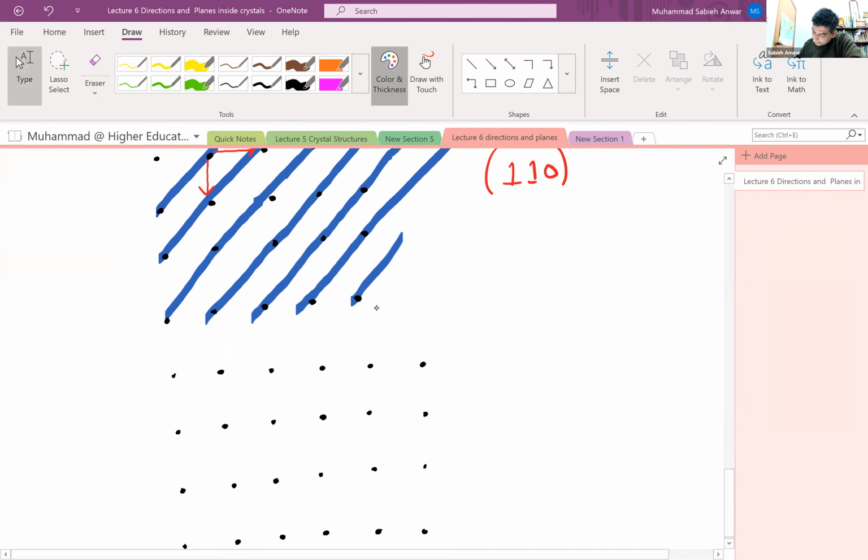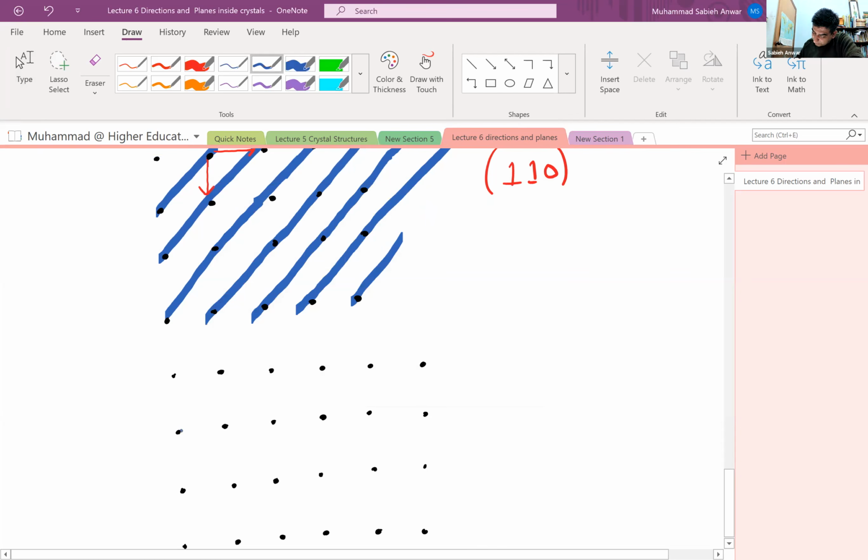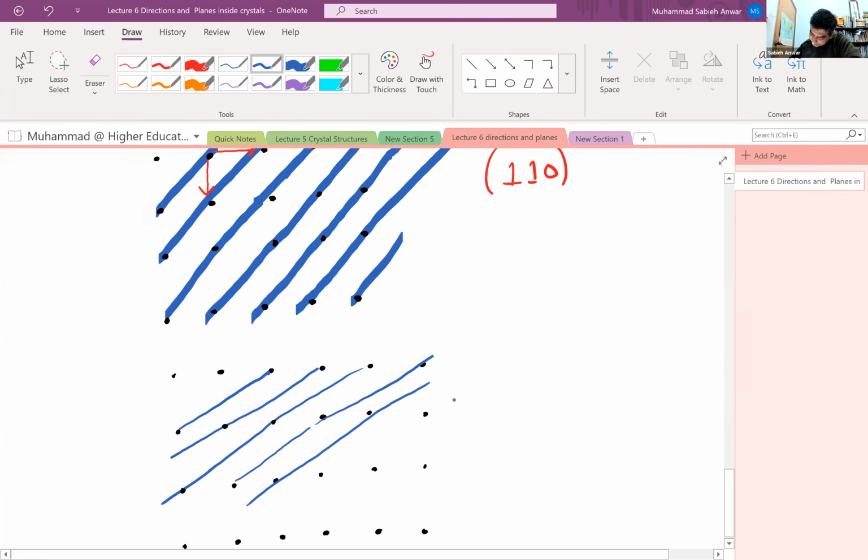And let me take the liberty of drawing more planes. So these should be straight lines really. If I drew my grid properly, these are straight lines.